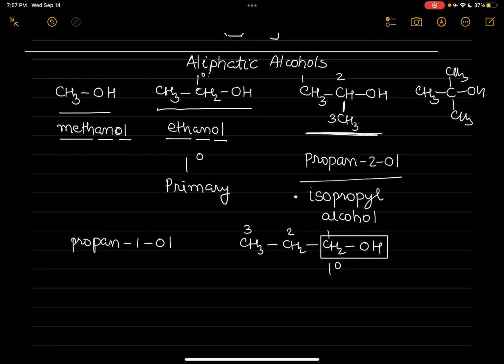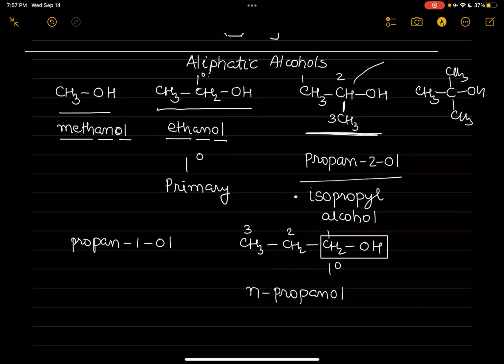This is also called normal propanol, N-propanol. Normal chain means the group is at one end and all carbons are in a straight line. There is no branching. That is called normal chain. Clear?